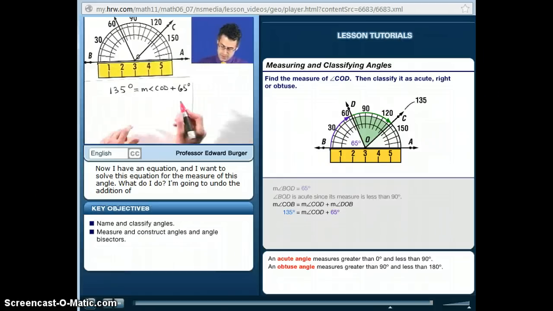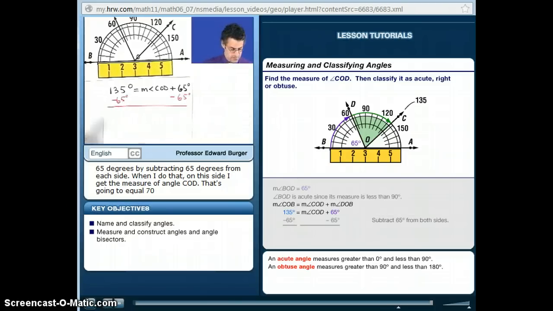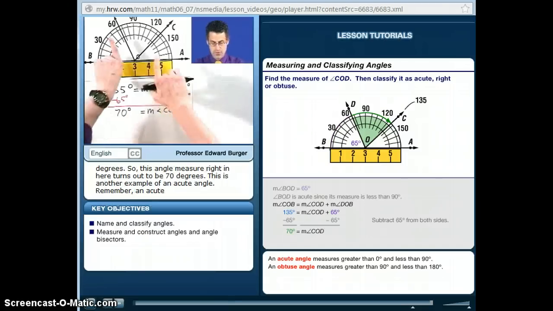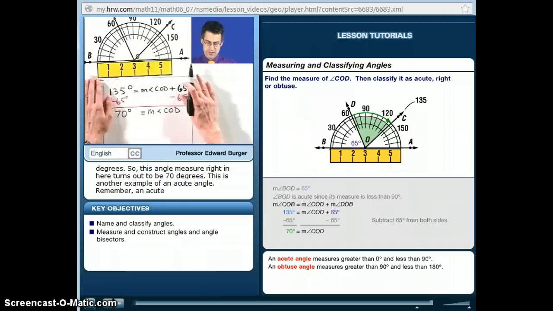Well, I'm going to undo the addition of 65 degrees by subtracting 65 degrees from each side. And when I do that, on this side I get this part to 0. I just get the measure of angle COD. And that's going to equal, well, what is this length right here? That's 70 degrees. So this angle measure right in here turns out to be 70 degrees.